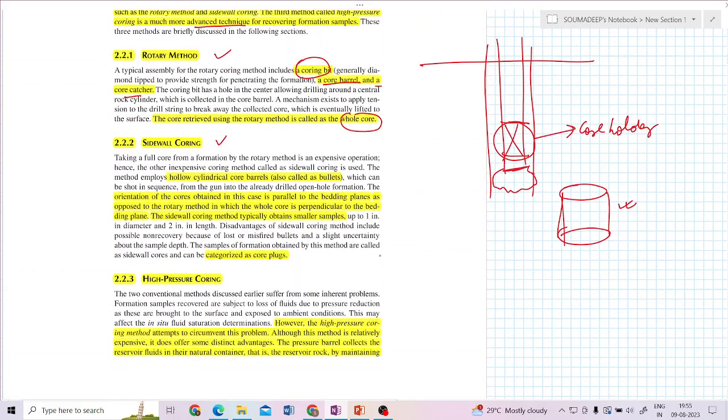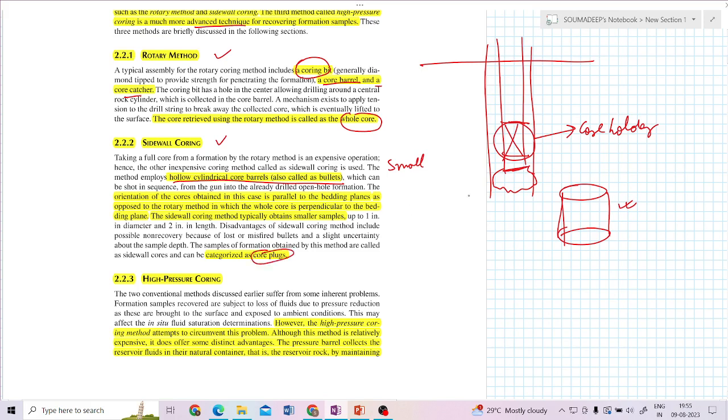Now I will show sidewall coring also, then I will show the diagram. So in sidewall coring, what happens? In sidewall coring, there are hollow cylindrical core barrels or bullets. Through this, we take very small core plugs.